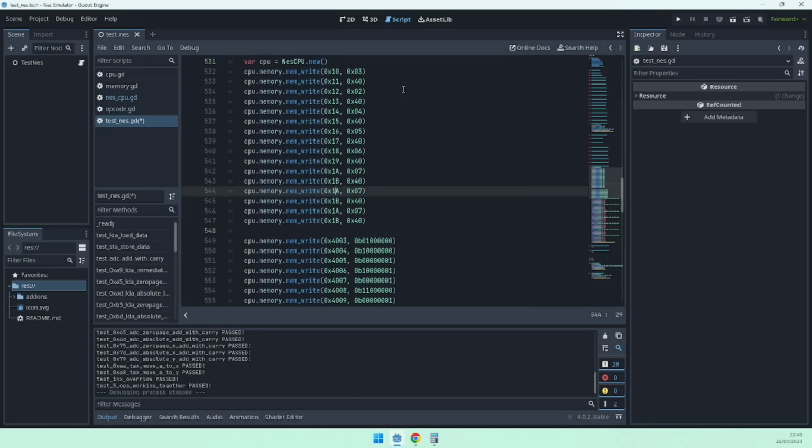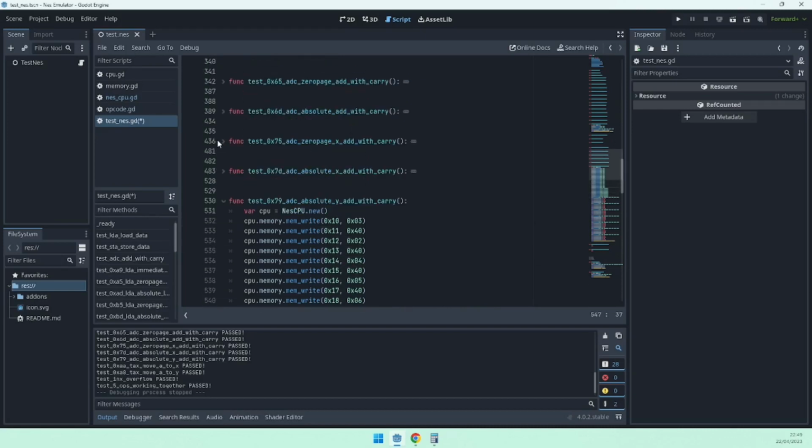So this is C, D, oops, E, and F. And this is an 8 and a 9, and I am missing a comma that I accidentally deleted. And I think this should do it.